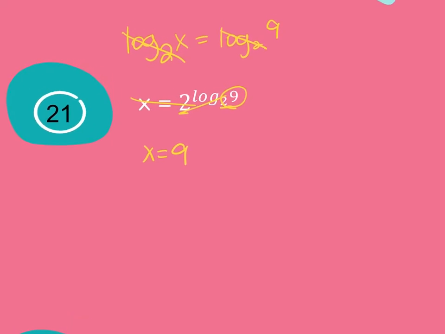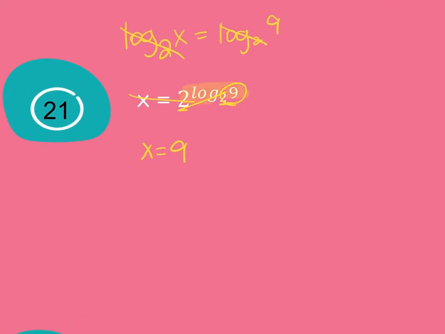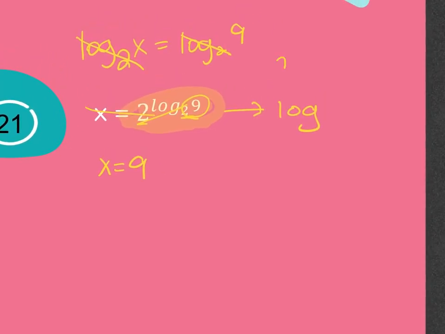I know it has the word log in it, but that's an exponential expression. If we go back to the very beginning when we were converting, we did log to exponential, and then exponential to log. This is exponential, so I would be doing exponential to log. And when we did that, that answer looked like 2 to the third equals x, right?